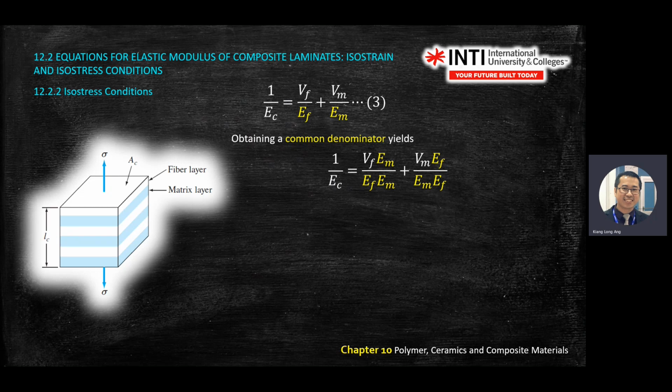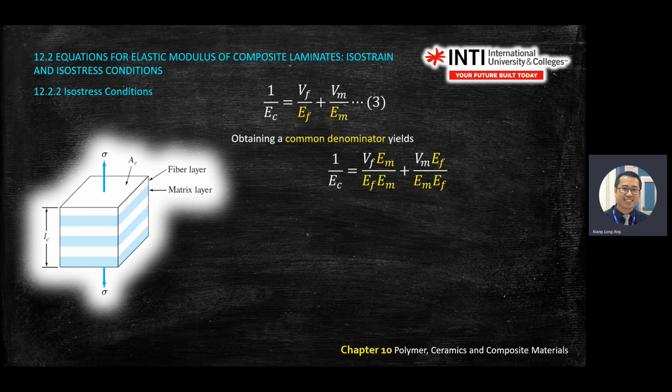For example, we put in the same denominator. The first one, EF, we change so the denominator is EF multiplied by EM. The second one, we take EM multiplied by EF, right? It's like you want to get the same denominator in mathematics.